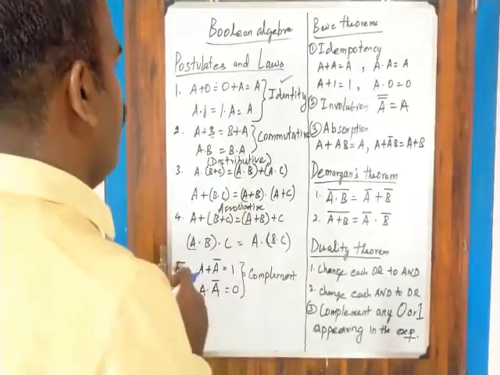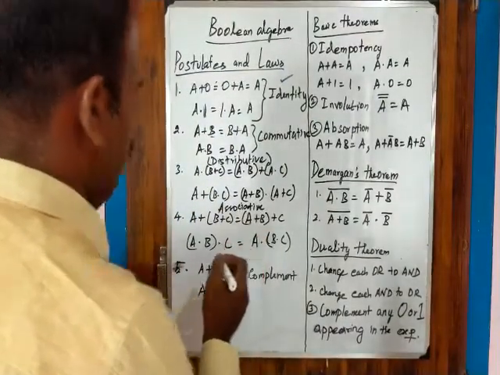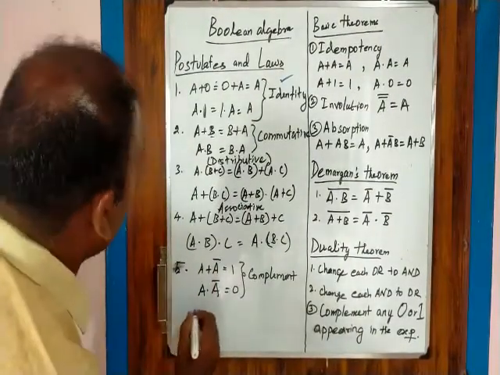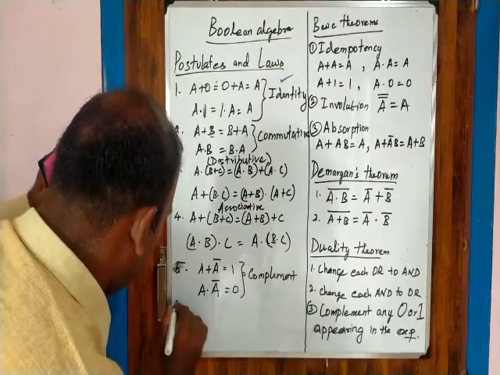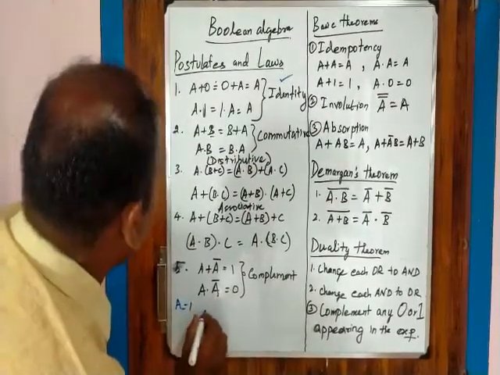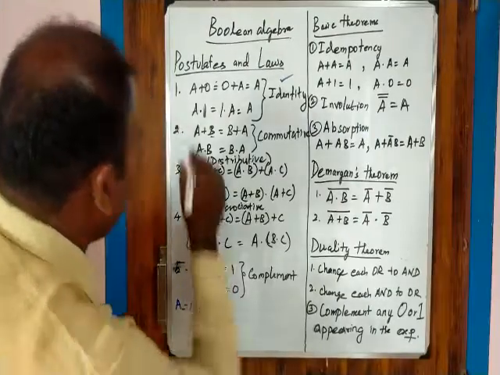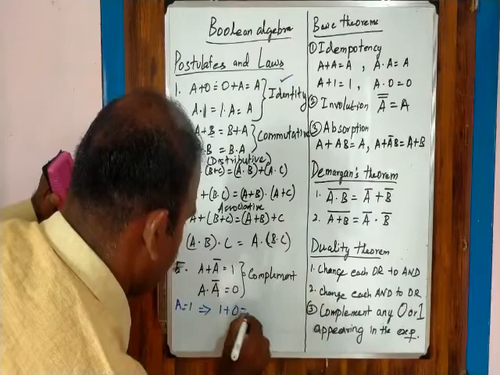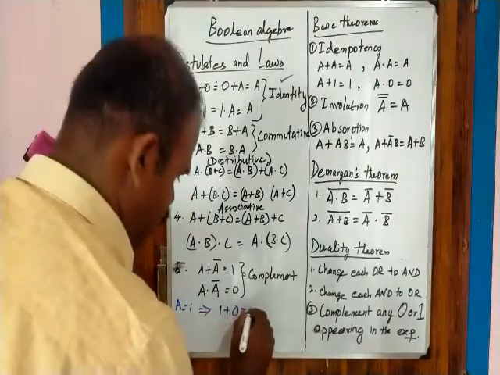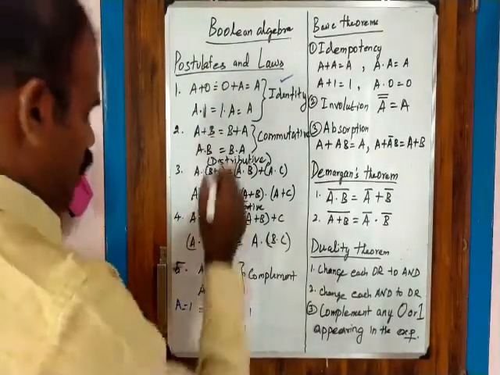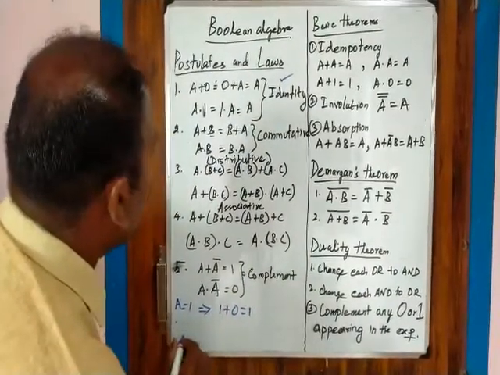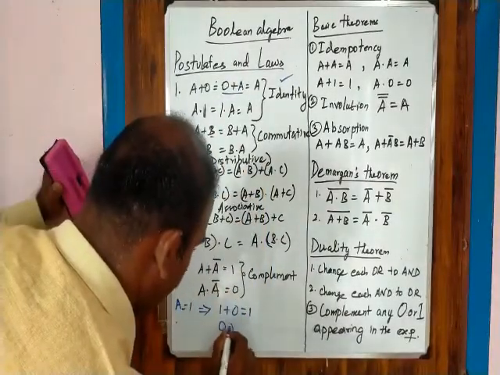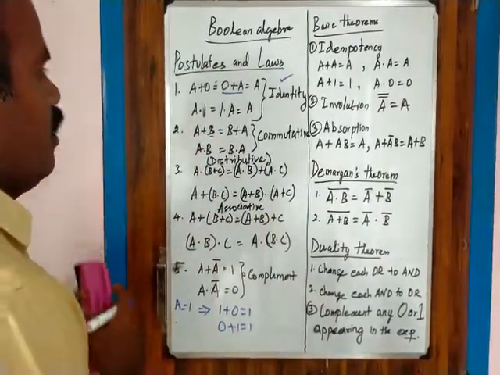We can verify with an example. I write the example in this area. If you put A equal to 1, substitute this A in the identity equation, that is 1 plus 0, we get 1. Similarly, the second equation, 0 plus 1, is also 1.